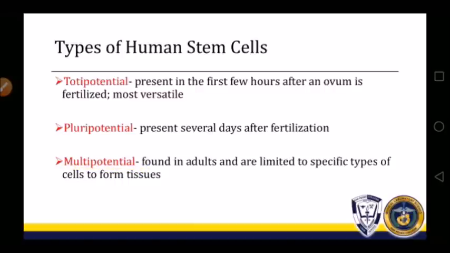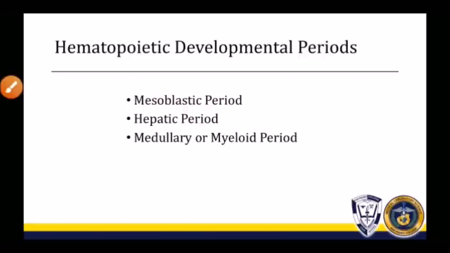That is because it can be any cell present in that specific tissue. Now, it is safe to say that hematopoietic stem cells can be classified as multipotential stem cells because they are limited to become only blood cells. So, the hematopoietic stem cells, it can only become WBC, RBC, or platelet.